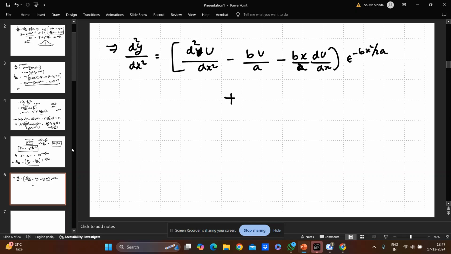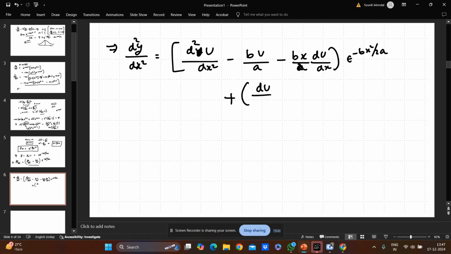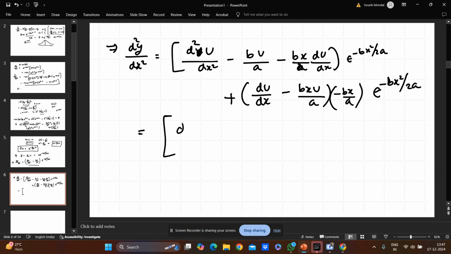Now take this part fixed and take the derivative of the other part, so du dx minus bxu by a, into minus bx by a, into e to the power minus bx square by 2a. So now simplify a little bit. So d2y dx2 has minus bx by a du dx minus bx by a du dx, so minus 2bx by a du dx.